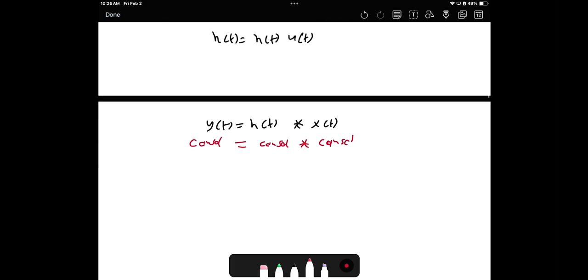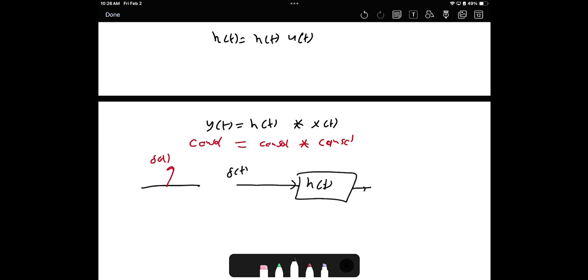So again, let's assume you have this impulse delta of t entering the system to find the impulse response h of t. In order to make it causal, it should start at t equals 0, and depend on the present or past impulse.